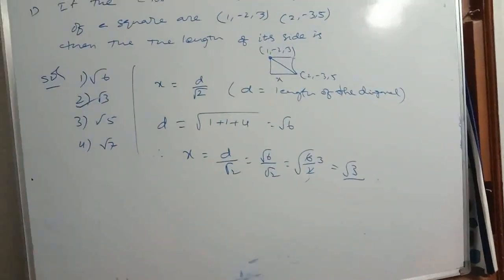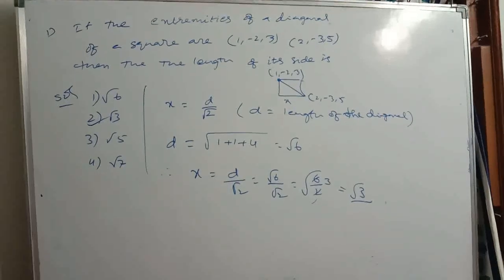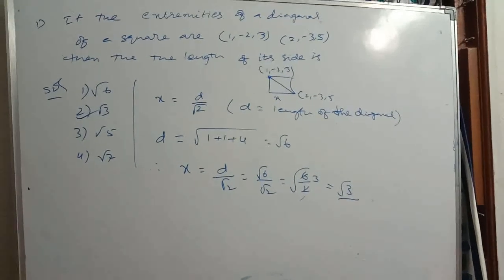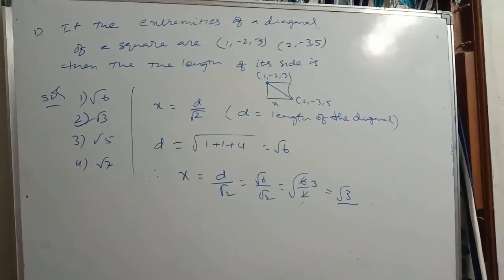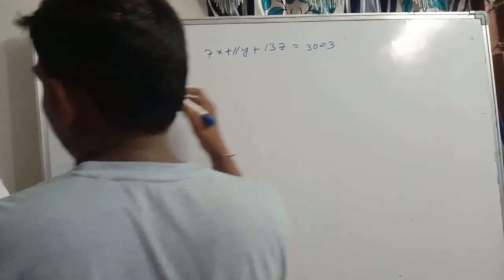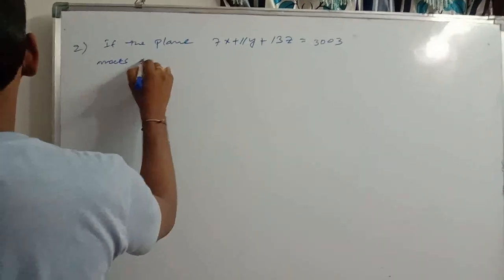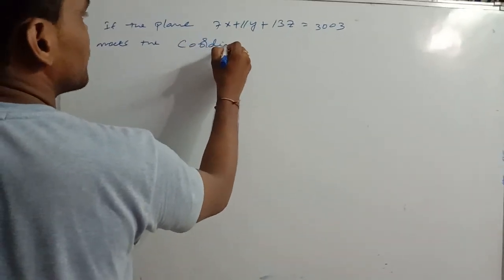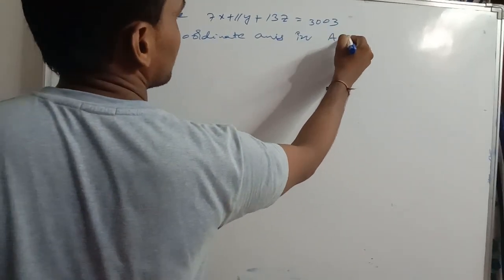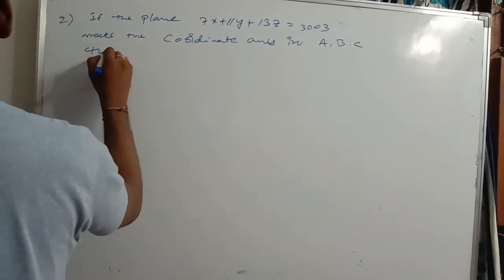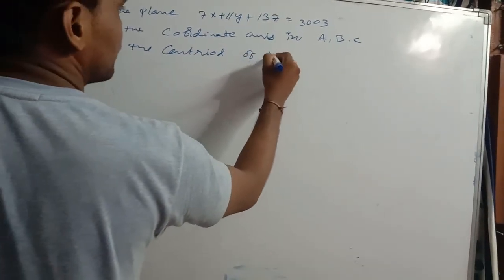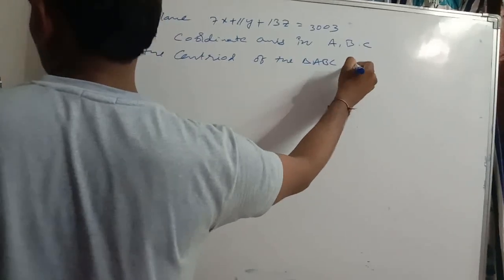Next question. The plane 7x plus 11y plus 13z is equal to 3003 meets the coordinate axes in A, B, C. Then the centroid of the triangle ABC is?